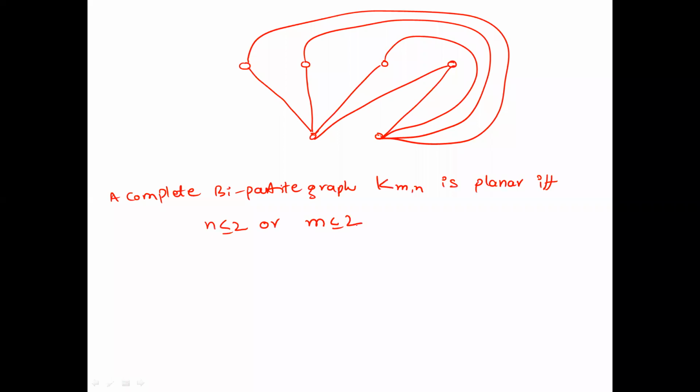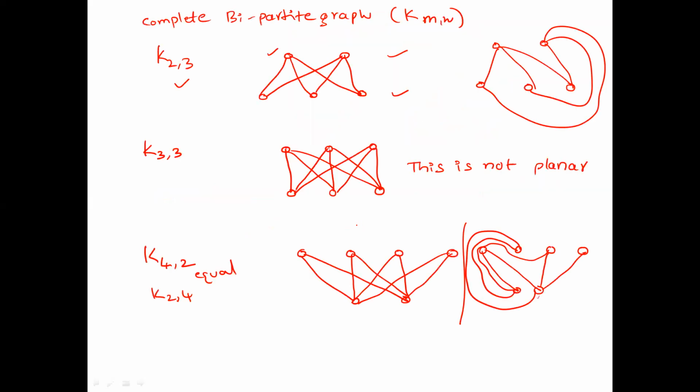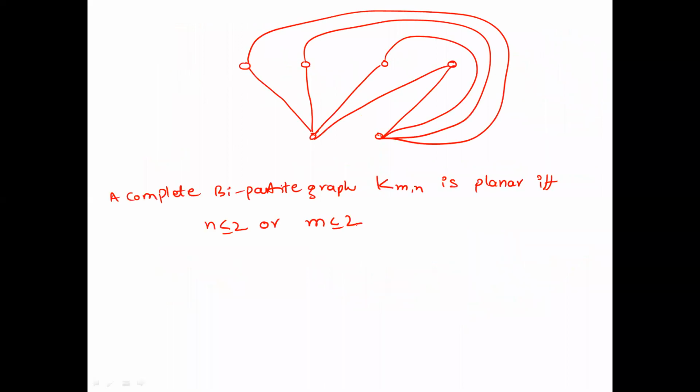In this, if at least one is less than or equal to 2, then it is planar. Whereas K3,3 is not planar, you cannot draw that graph without crossovering of edges. Up to this clear? Anybody any doubt? Anybody any doubt?